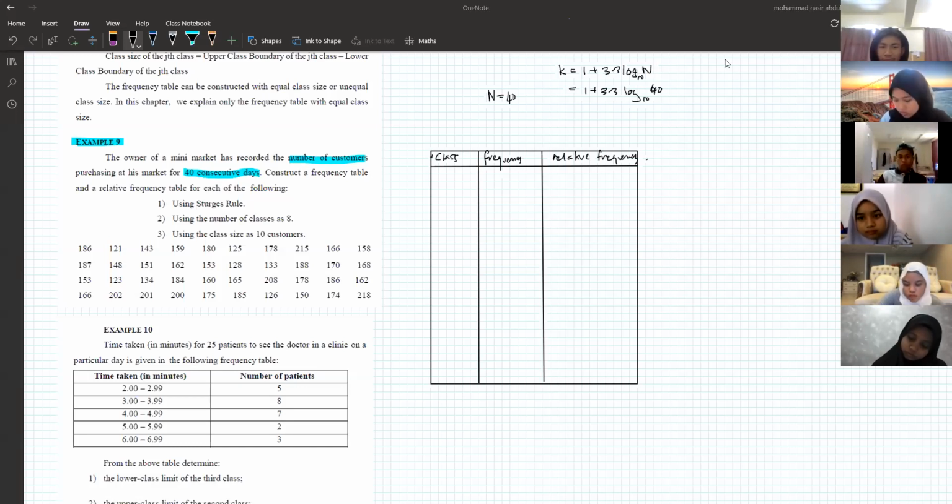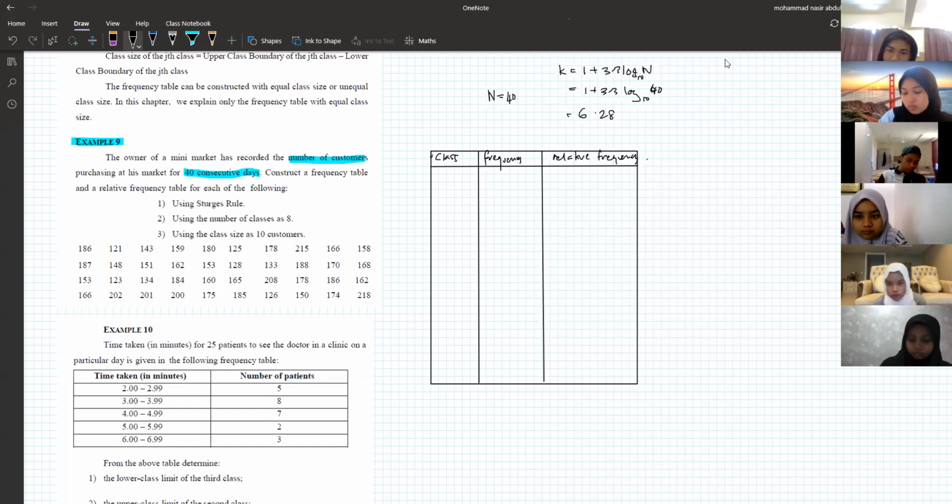So this one should be equal to how much? Log 40 multiplied with 3.3 plus 1, you will get 6.28, right?